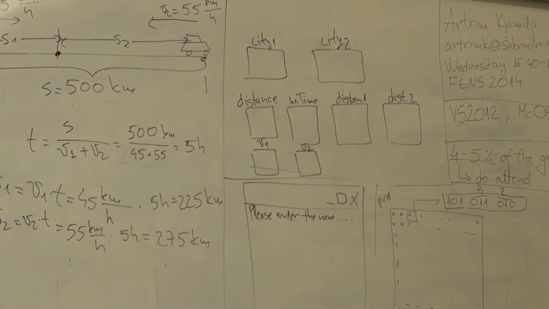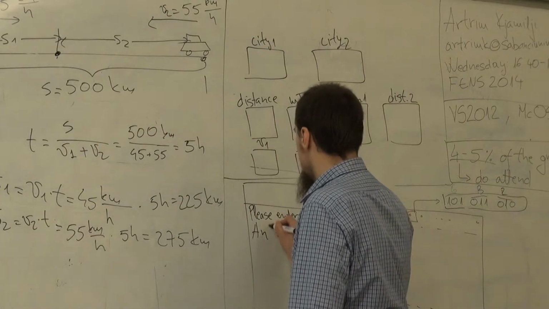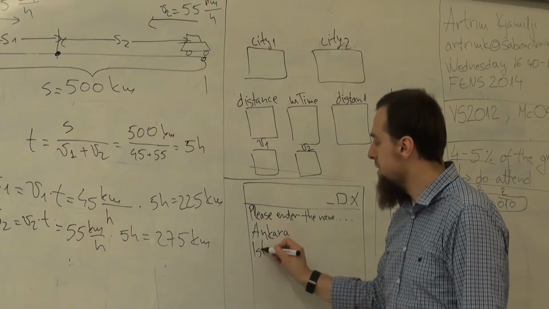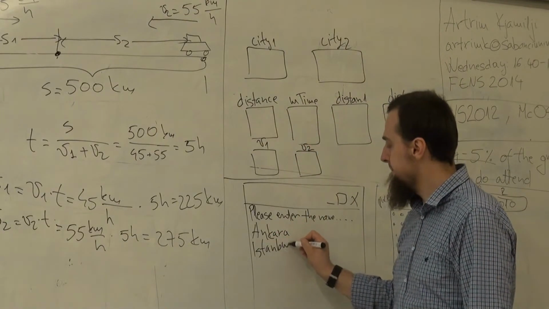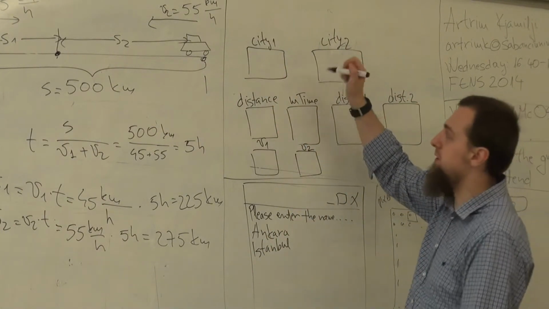I'm reading both of them, city 1, city 2. So I'm giving Ankara and Istanbul. Enter, Istanbul, enter again. And they are stored here, respectively.